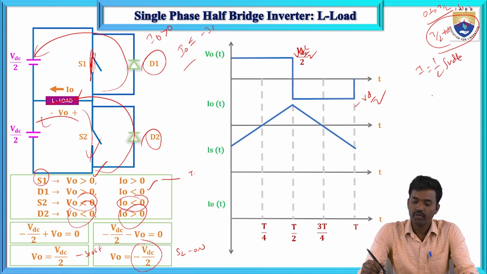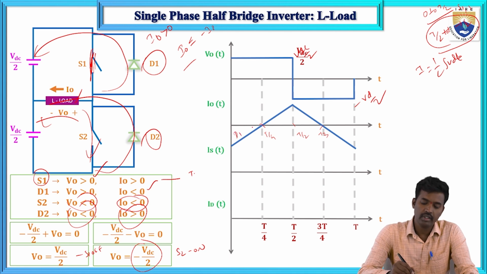Any square waveform integrated is always triangular. Here the current lags the voltage by 90 degrees. So this is T by 4, this is T by 2, and this is 3T by 4. Here D1 will conduct and S1 will conduct, then S2 will conduct and D2 will conduct.